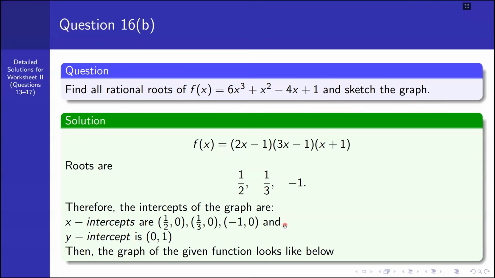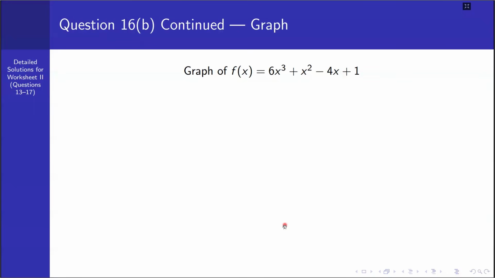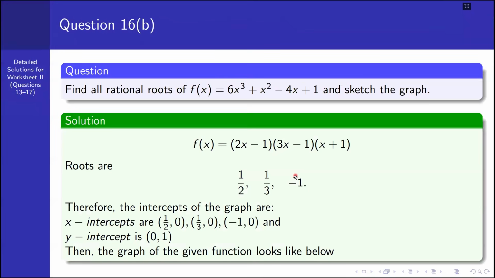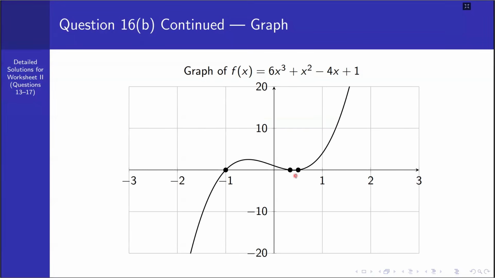Then the graph of the given polynomial function will look like this. The degree is 3, so it has at most 2 turning points. It has 3 roots, so it has 3 x-intercepts: minus 1, 1 over 3 and 1 over 2, which are close to each other.